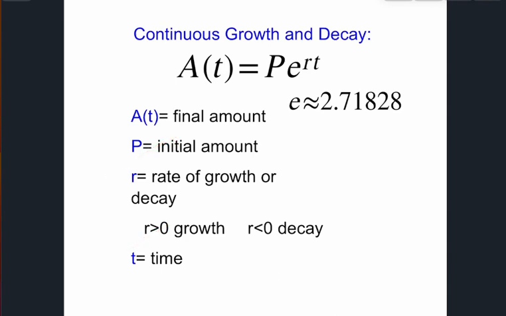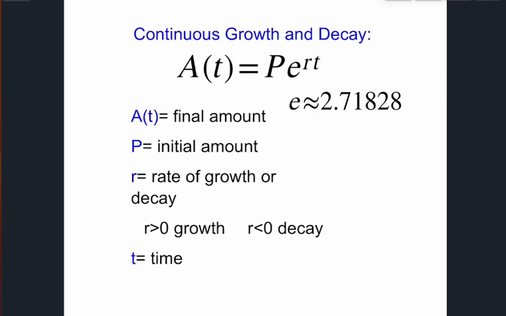But what's interesting about this, if R is positive, it is a growth rate. You're going to see that mostly in biology applications. This decay one, you see not only in biology applications, like say you have a petri dish of bacteria and you add an antibiotic to it, it's going to start decaying at some kind of rate. If the R is negative, we get a decay.